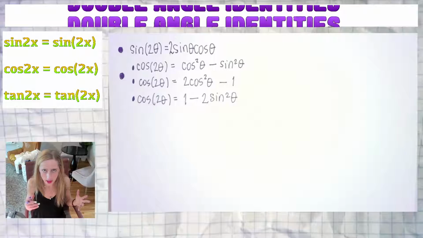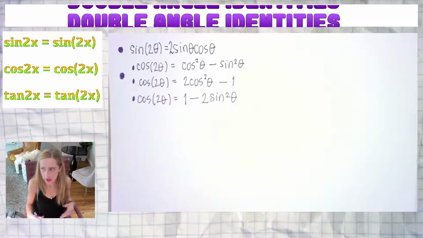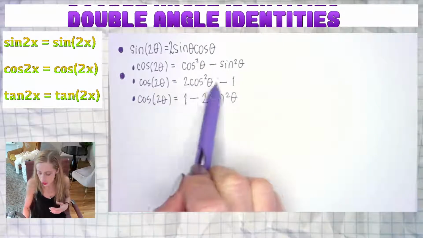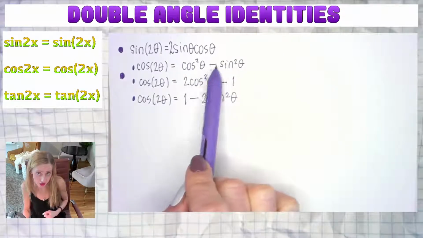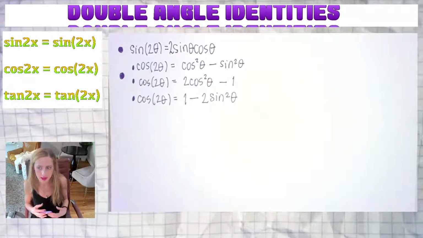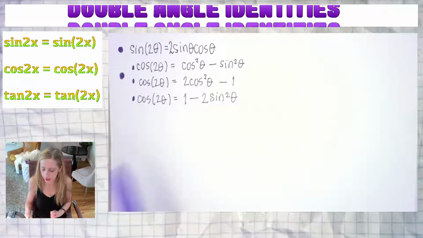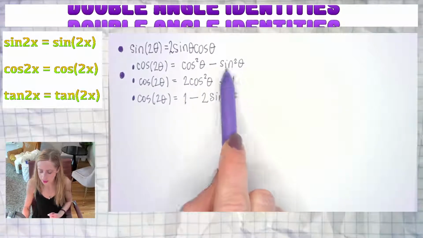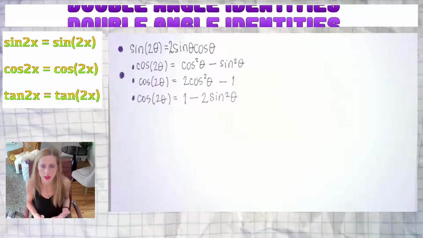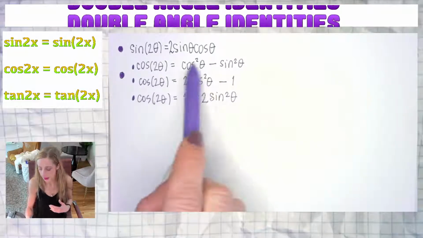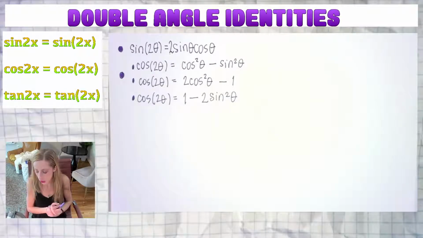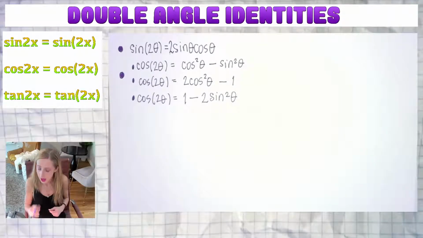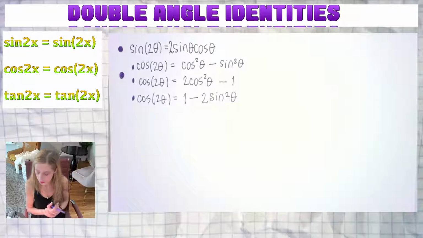Is everything else sine? Then maybe we should just use the third one. Is everything else around it cosine? Then maybe we should use the second one. Should we maybe factor this difference of 2 squares for some reason? Maybe it's in a fraction, the numerator or denominator, and you have cosine plus sine on top or bottom, or cosine minus sine on top or bottom. And if we factor that, we get cosine plus sine, cosine minus sine. We could reduce. Whatever your circumstances may be, that could possibly be your best option.